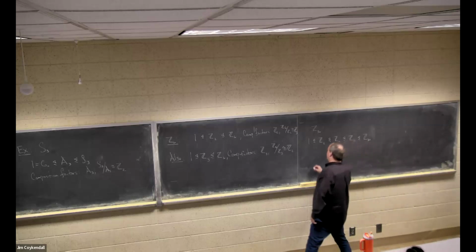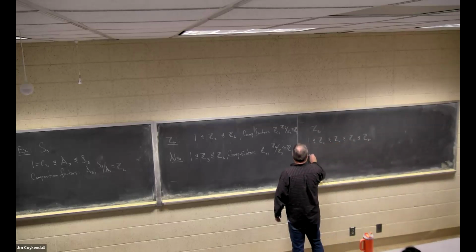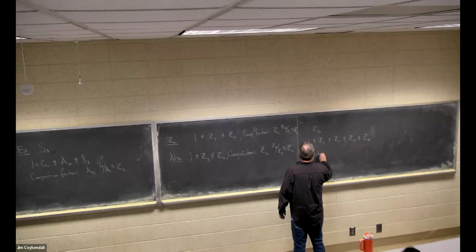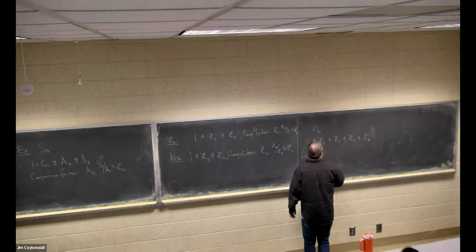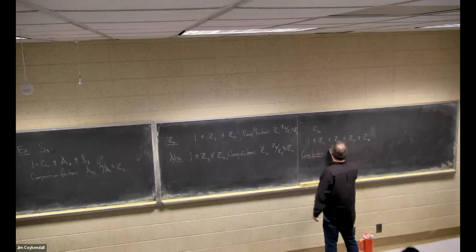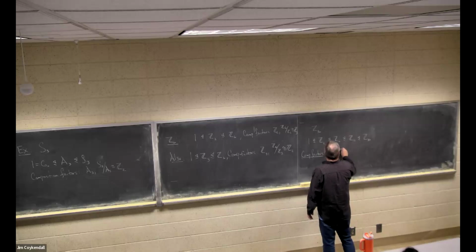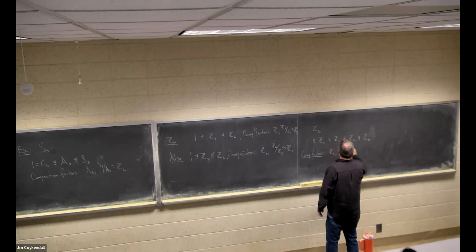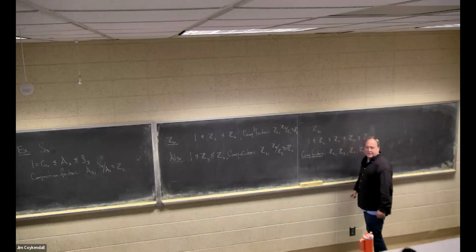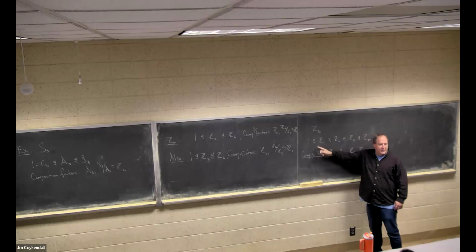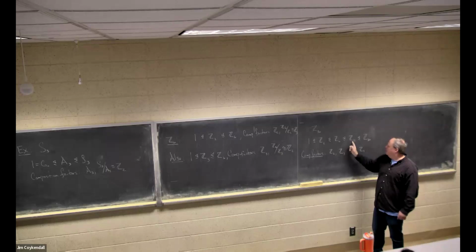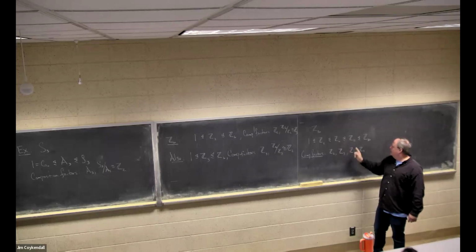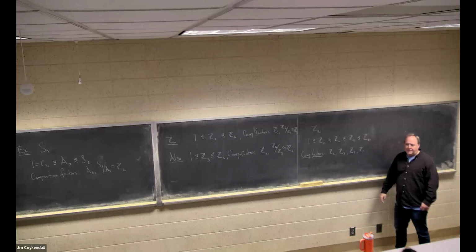The composition factors are isomorphic to, in order, Z2, Z3, Z2, Z3. Z2 mod 1 is Z2. Z6 mod Z2 has 3 elements. Z12 mod Z6 has 2 elements. Z36 mod Z12 has 3.